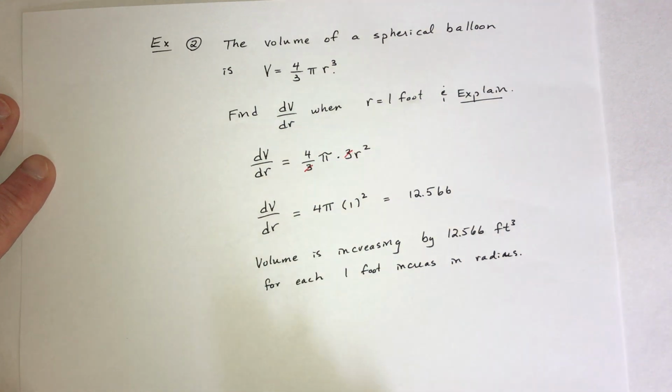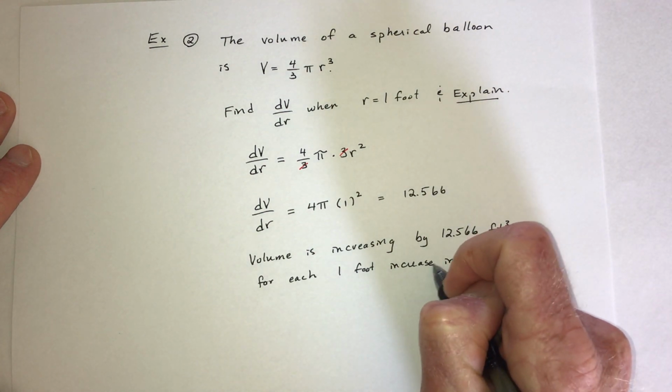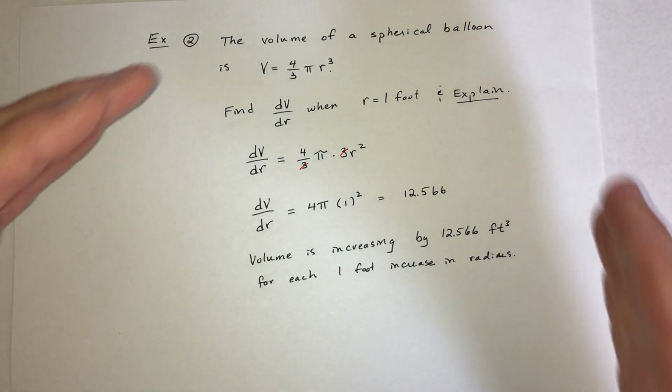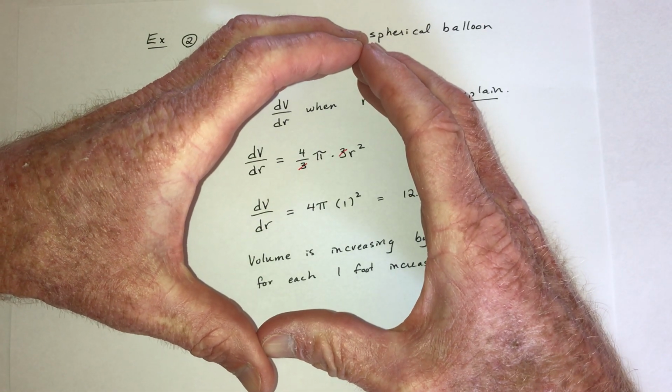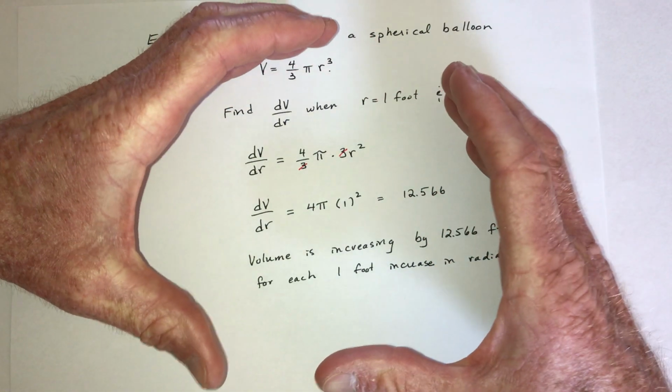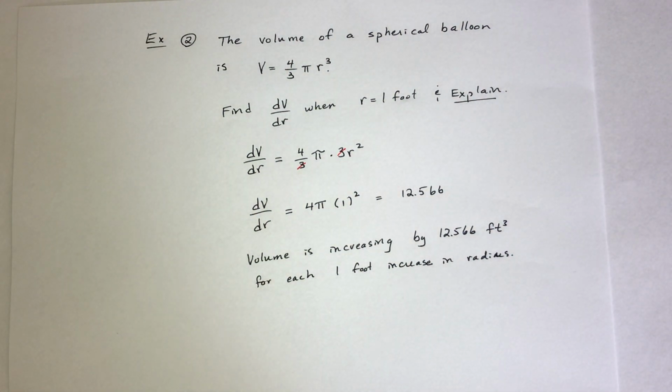For every 1 foot that the radius increases. So if the sphere was this big and the radius increased by a foot, then the volume would increase by 12.566 cubic feet.